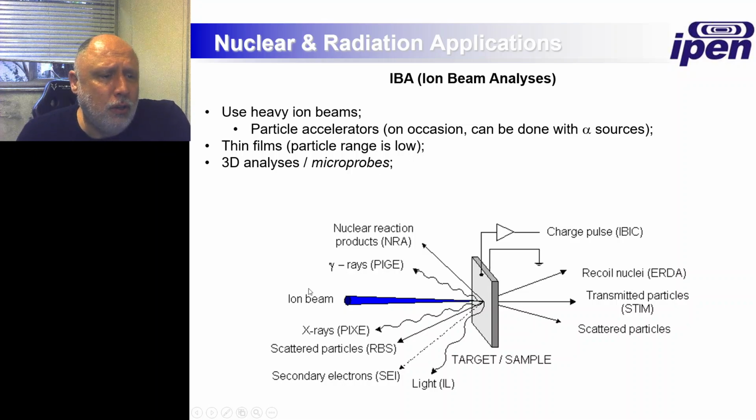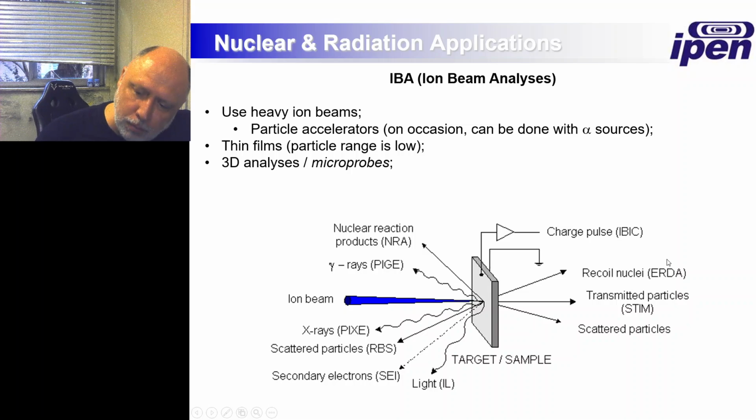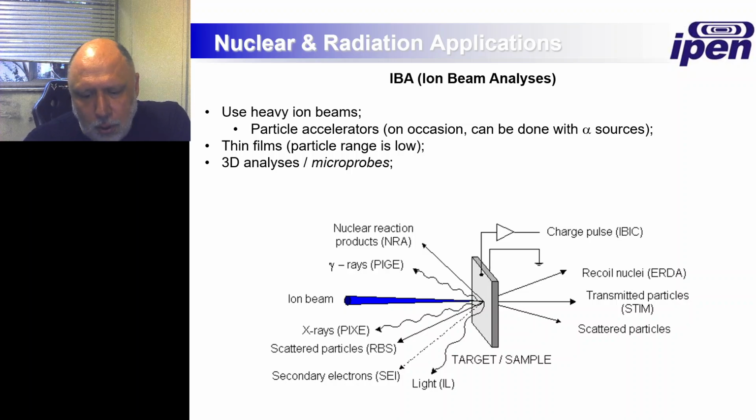One advantage is that if you tune your system well, you can look at the energy dispersion of these nuclei, not the X-rays but the RBS and the ERDA. You can have some information about the depth profile of that element inside the sample, right? And you can also tune it to have a very, very fine beam, so you have microprobes and you can probe very specific parts of your sample.